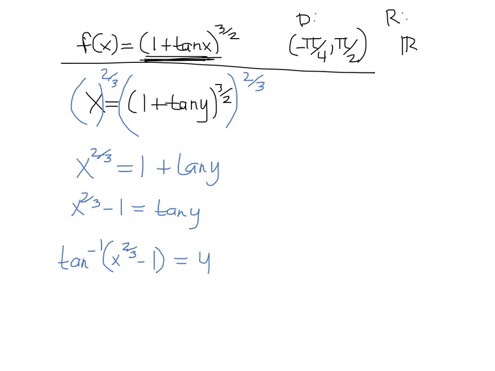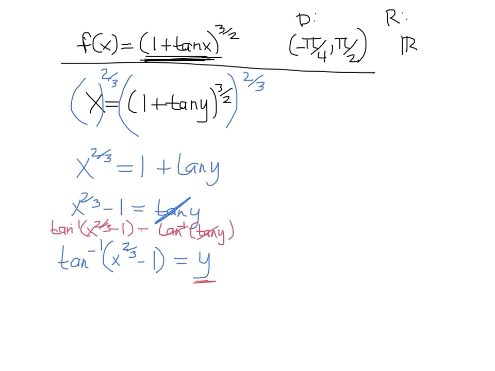Now the reason I took the inverse tangent is because inverse tangent will cancel this tangent out on that side. So really what I was doing, I'll show that step in between here. I was taking the inverse tangent of this side, x to the 2/3 minus 1, and I was taking the inverse tangent of the other side. But what was happening there is it was canceling out. Inverse tangent cancels itself out.